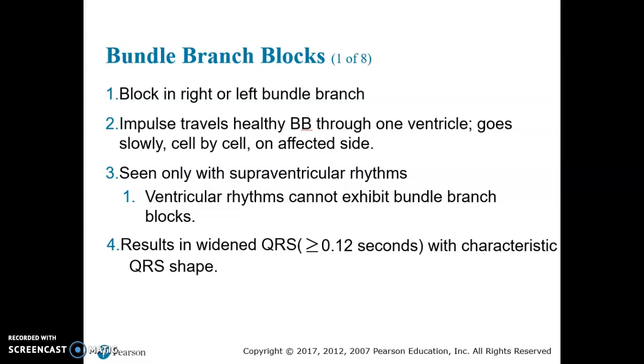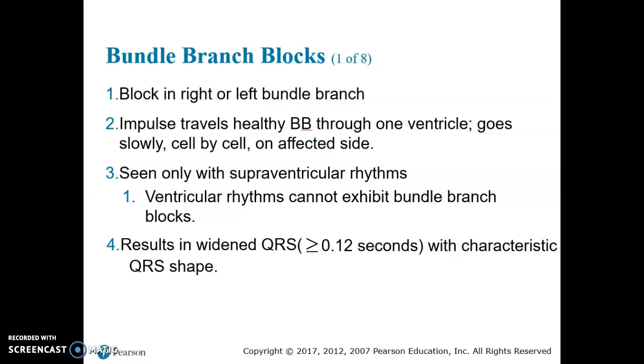Chapter 13, Video 3. Now we're going to talk about bundle branch blocks, okay? With a bundle branch block, we have a block in the right or the left bundle branch. The impulse travels through the healthy bundle branch through one ventricle, and it goes slowly, cell by cell, on the affected side.